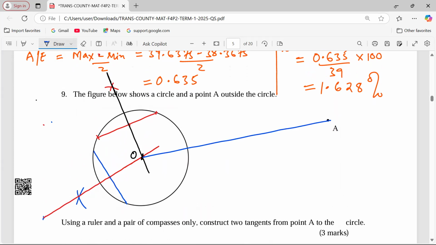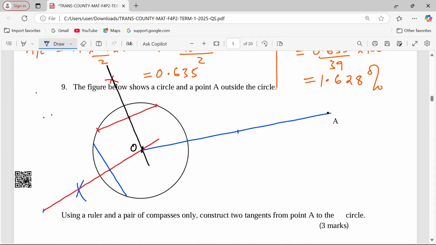Then after that, we bisect the line OA. I'm going to bisect this line perpendicularly, the line from O to A. So we must bisect it very keenly, perpendicularly. Remember, we are using a ruler and a pair of compasses only.